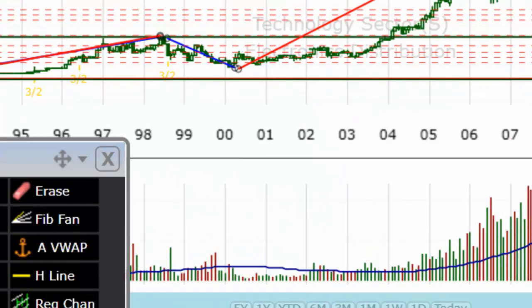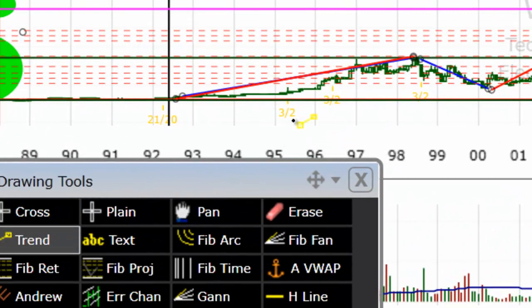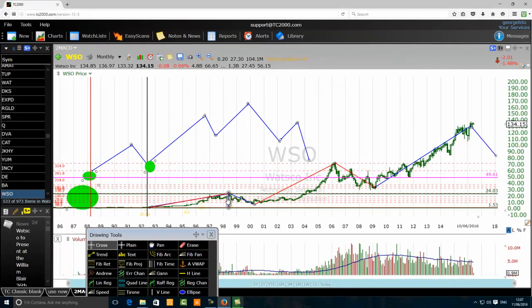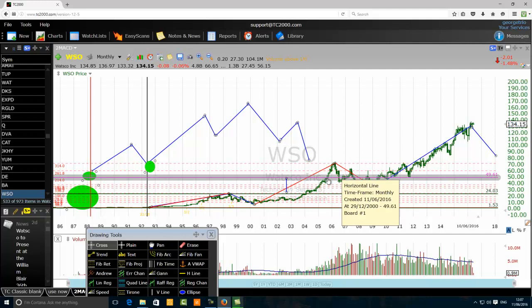What is the magnitude of the first cycle? From here down here. That's how far the price went up. From $1.53 to $24. That's the magnitude. As the second cycle is beginning, all right, it must come near the level of a 214% Fibonacci extension level and even exceed it.